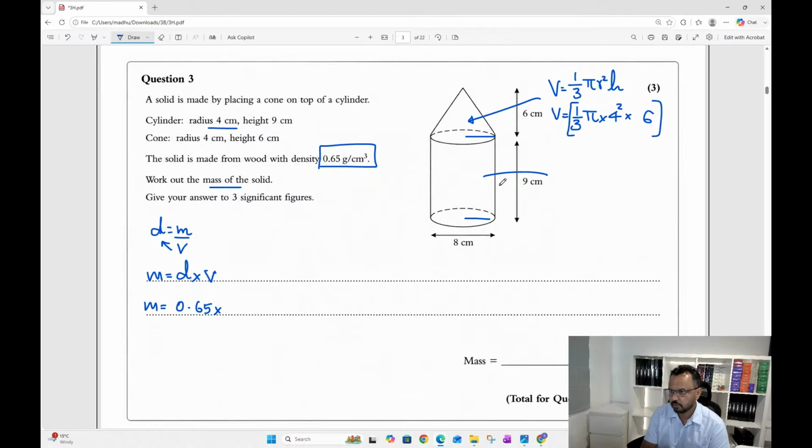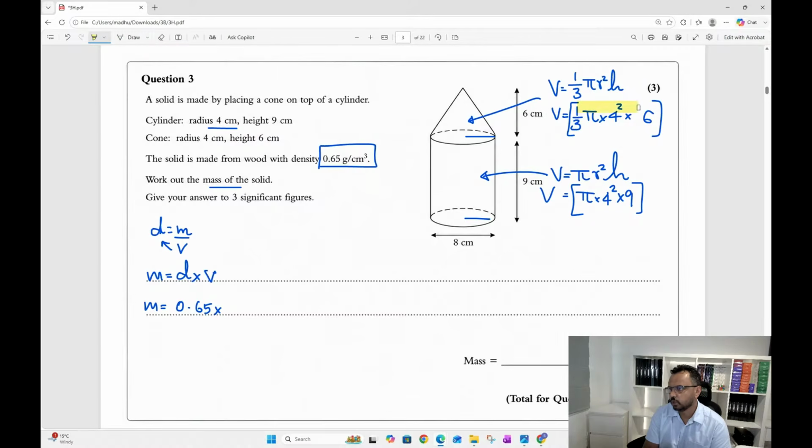Okay, everybody, I think I'm getting right answers. The volume of a cylinder, remember a cylinder is basically a prism: pi r squared, area of cross section, times height. So pi times 4 squared times 9. Now, how do I find the total volume, guys? All you need to do is add this expression to that.